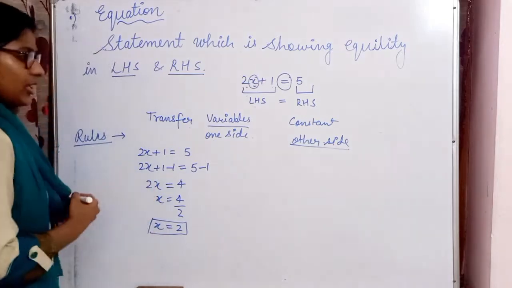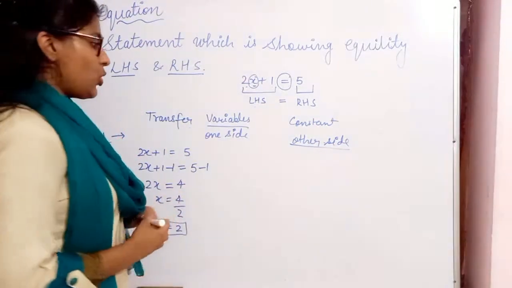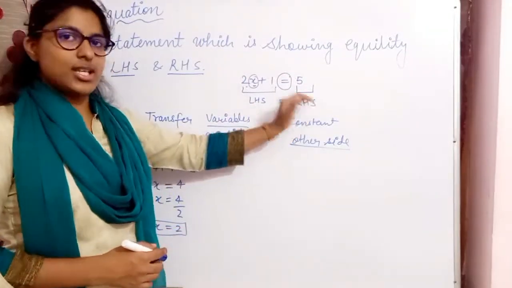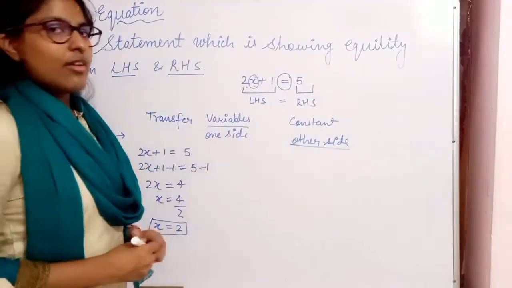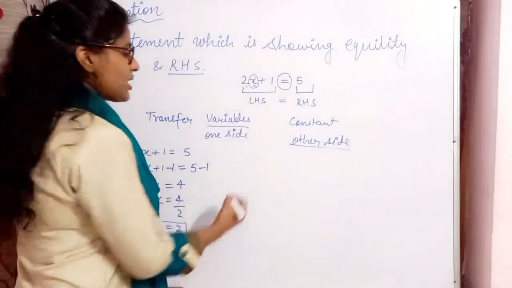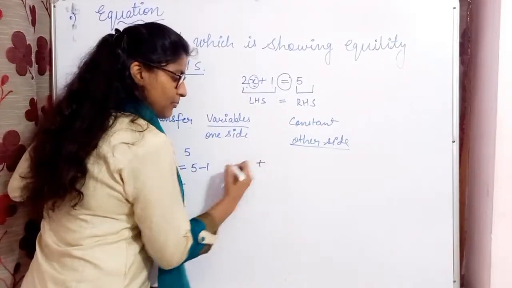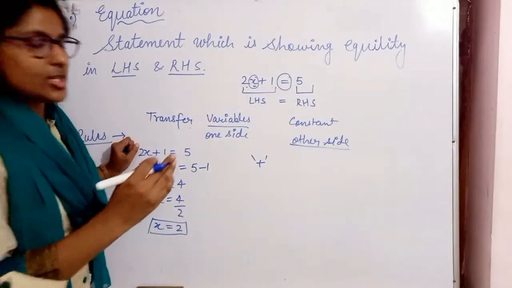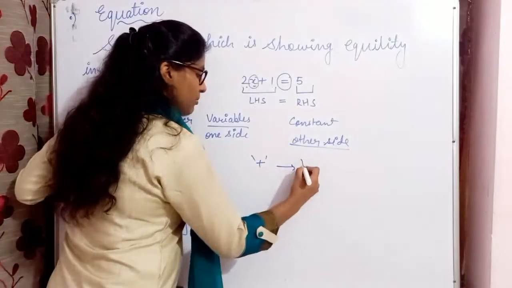Now let's see what the rules are. The rule says firstly we transfer the variable to one side and the constant to the other side. For transferring this, we need some rules. The rules say that when we transfer any variable or constant from one side to the other side, plus converts into minus.